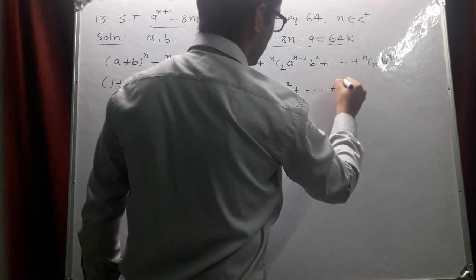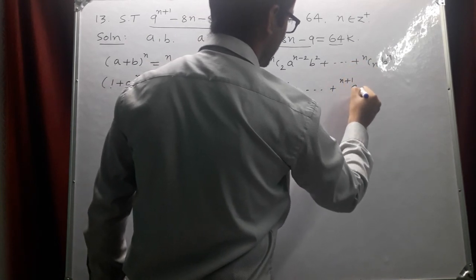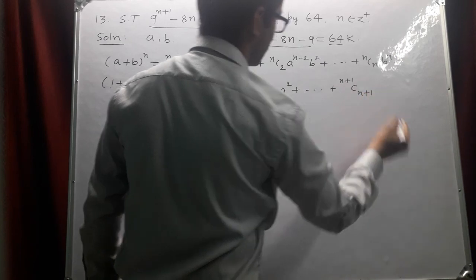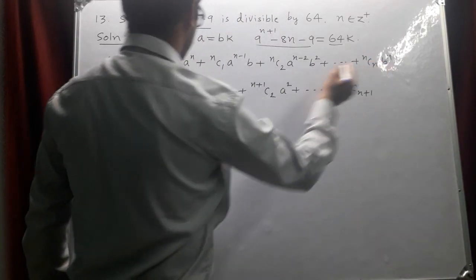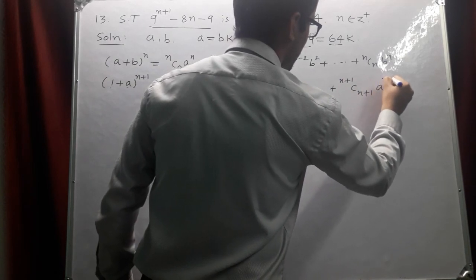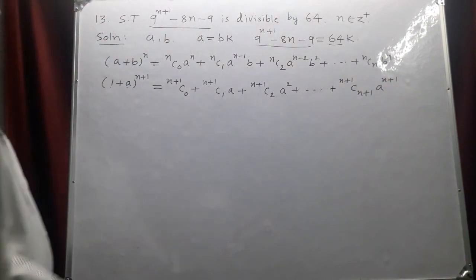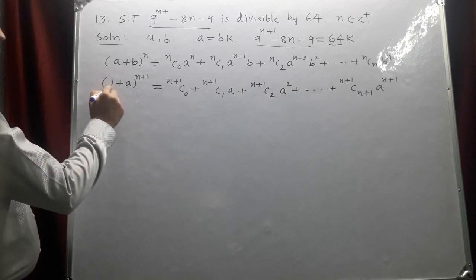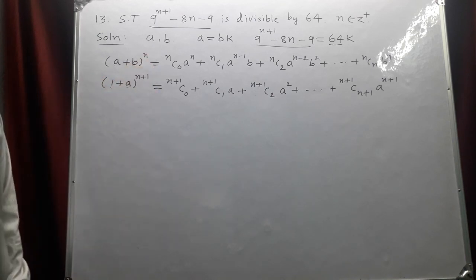The last term is (n+1)C(n+1) a^(n+1). So this is the expansion of (1 + a)^(n+1).